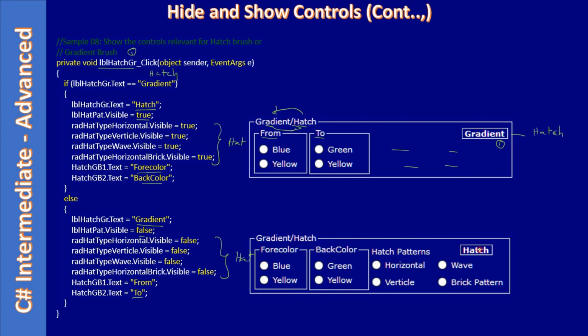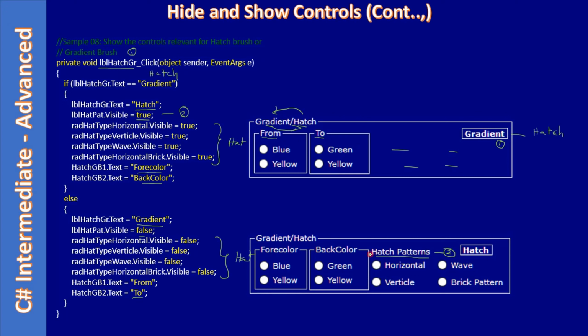Likewise, we will flip the controls. Here you can see the controls related to the hatch brush. So here is a label, right? LBL hatch pattern visible true. Let's say this is a 2, and that specific control is here. This is actually a label, and we show this label when the mode is hatch.